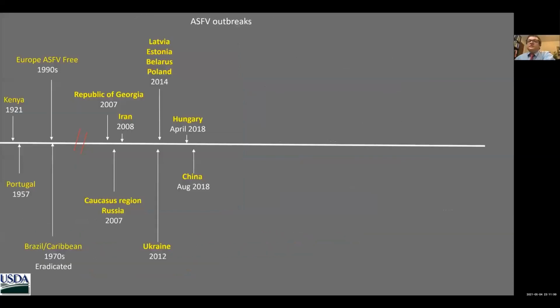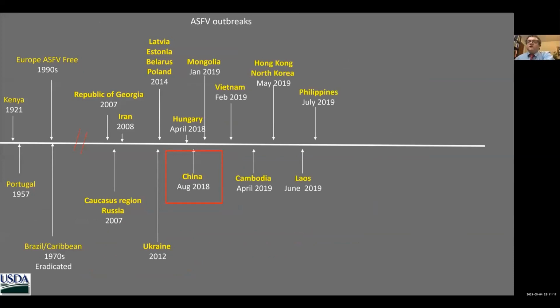So when we look at ASF outbreaks, we can see China in 2018 caused a quick spread of ASF into Mongolia, Vietnam, Cambodia, North Korea, Hong Kong, Laos, the Philippines, Myanmar, Timor-Leste, South Korea, and Indonesia.